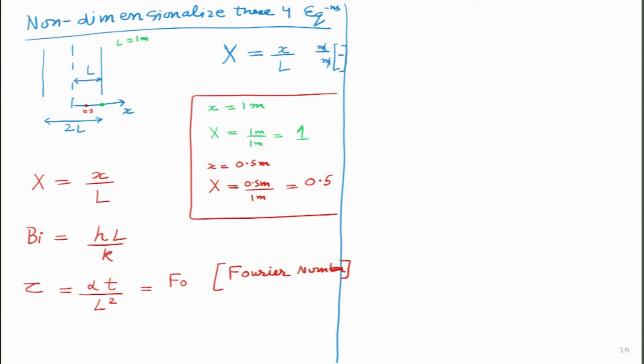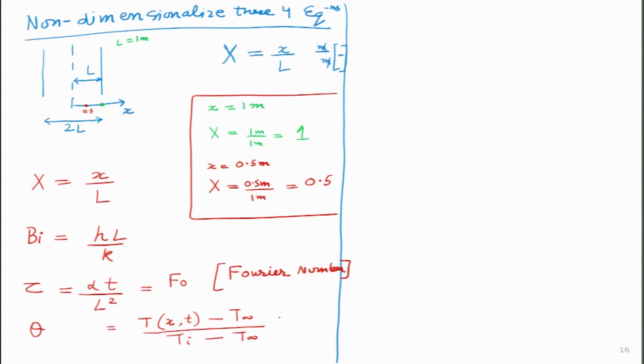And finally, the most important one, I am going to non-dimensionalize temperature. Remember, earlier temperature was simply T as a function of distance and time, that is it. So, what I am going to do is divide by this difference: in the numerator I put it like this, and in the denominator I put it like this.